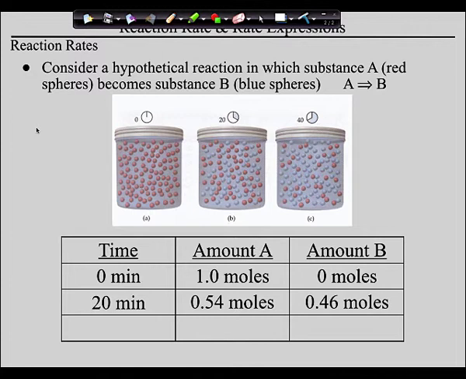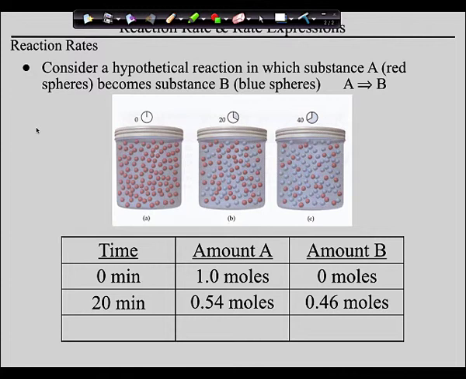Okay, now guys, important learning point from mason jars. Watch close. How much A did we lose in 20 minutes? 0.46 moles.